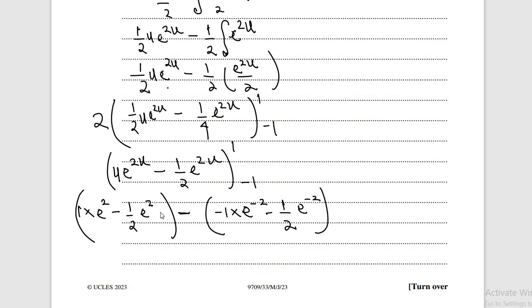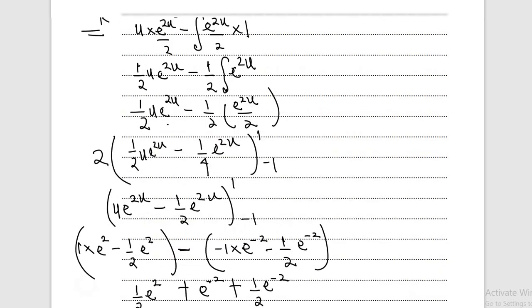So here we have e squared minus half e squared, we are going to have half e squared. It's like 1 minus half. Open the bracket by minus: minus times minus plus e raised to power minus 2 plus half e raised to power minus 2. So this one is just like 1 plus half, that's 3 over 2.